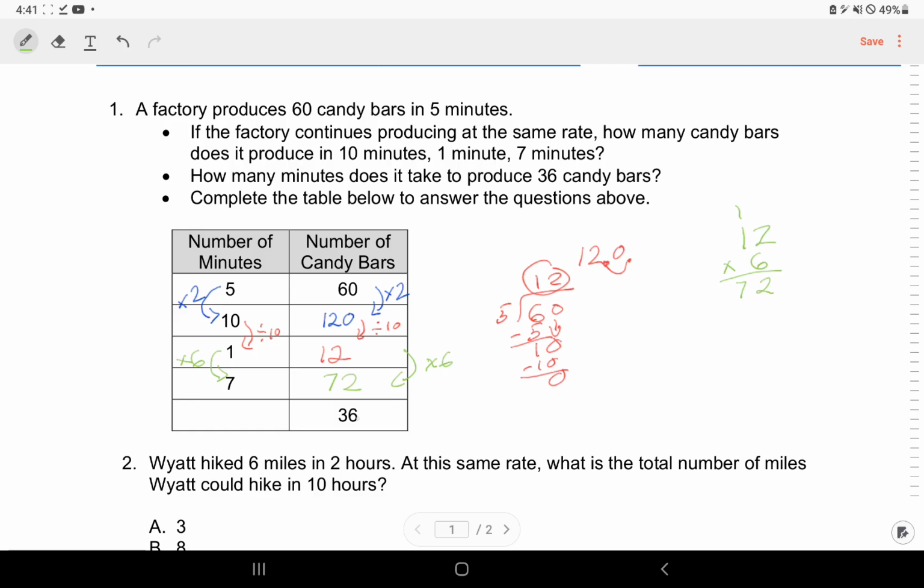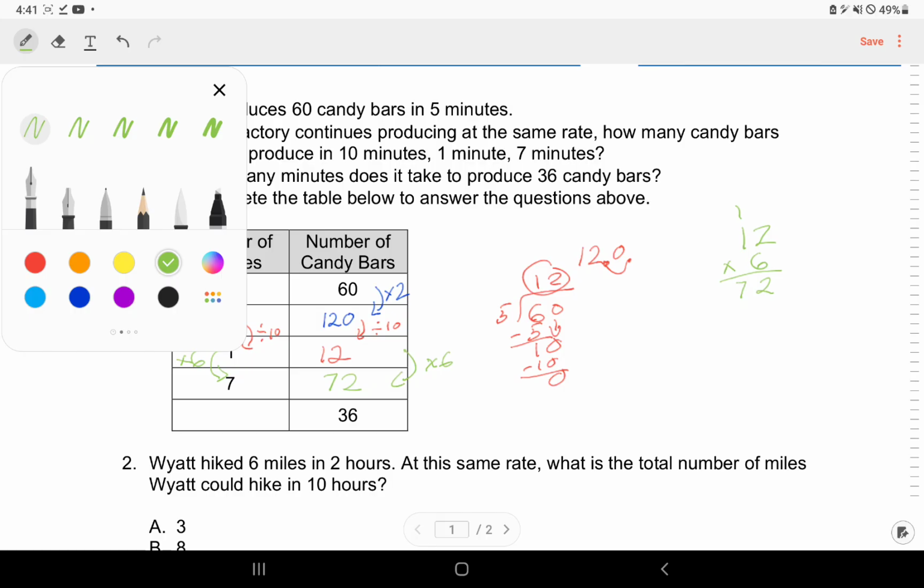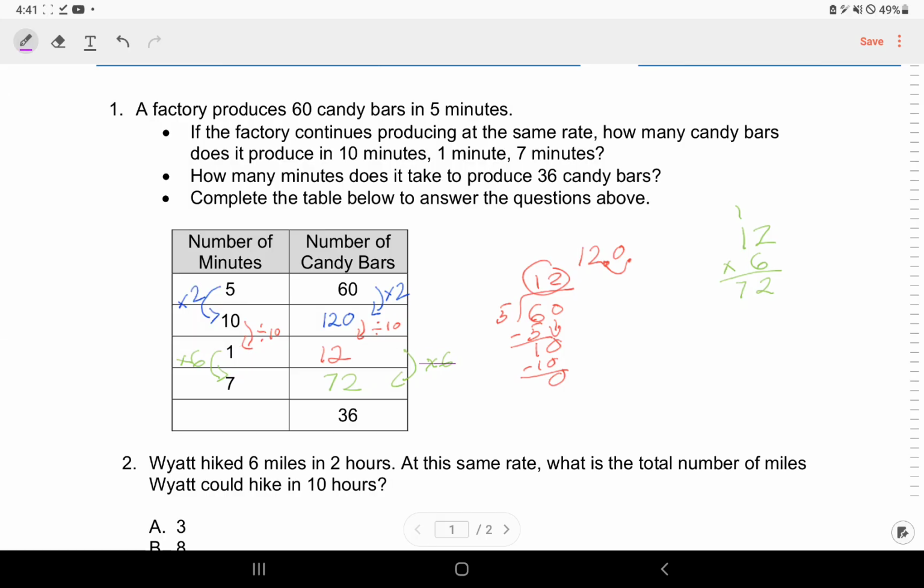And then 36, trying to figure that out, that's kind of simple as well. Because again, I'm going to look at it and go, what do I do to 12 to get to 36? Well, I multiplied by 3. And if you're not sure, 36 divided by 12.